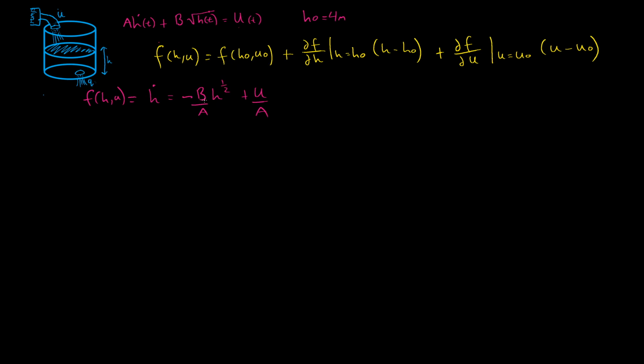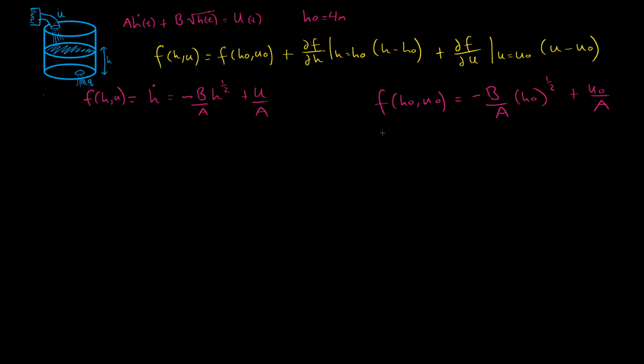If we substitute in our HO and our UO into here, we would say f of HO and UO is equal to minus b on a of HO to the half plus UO on a. And then our second term, we want to take the partial derivative, so we'll assume this bit's a constant, and we'll just take the derivative of this first part with respect to h.